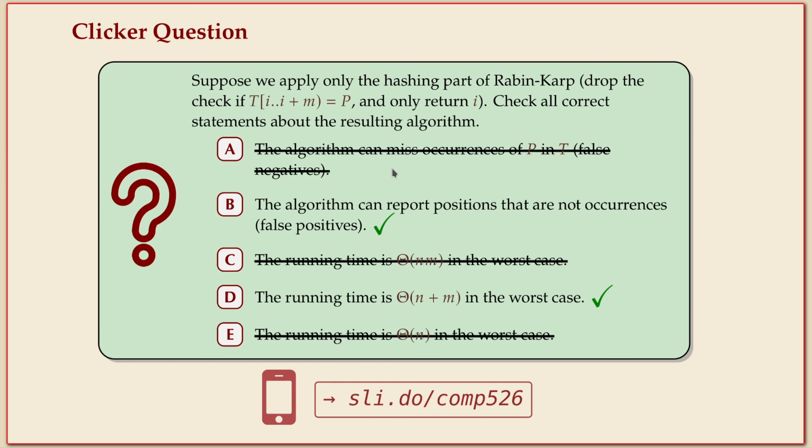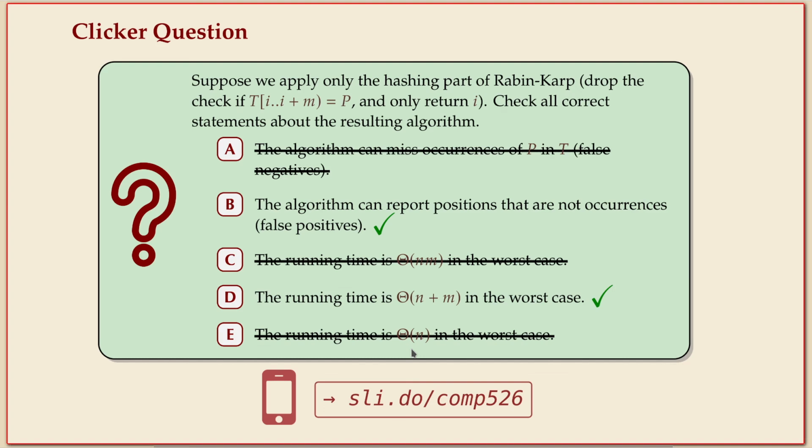But we never miss an occurrence. But we might report positions that are not actual matches, just because the hashes collided. In this case, we do get the best possible worst case runtime, just because we don't ever do the check. So we just run through, shift, recompute the hash in each step, and that's constant time.